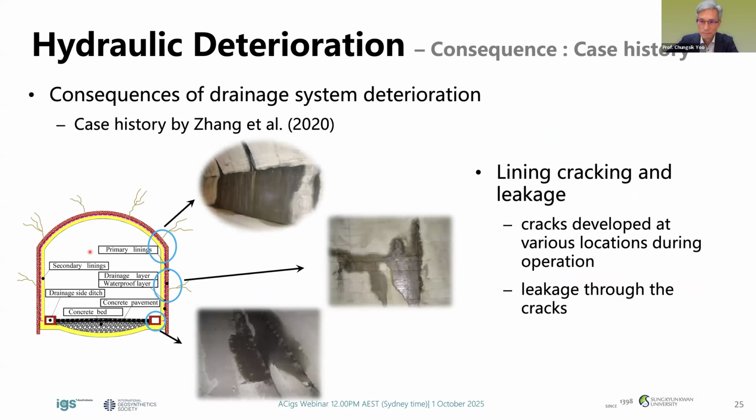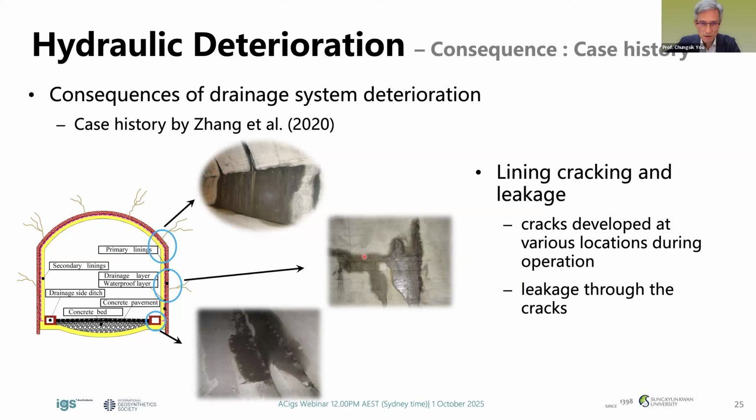Okay. So due to drainage system deterioration, cracks began to form in several locations. You can see them at the haunch levels, the spring line, and the invert level. You can see the water coming out from the cracks. The cracks developed because of the unwanted water pressure on the lining that created cracks, and water seeped through the cracks, right?